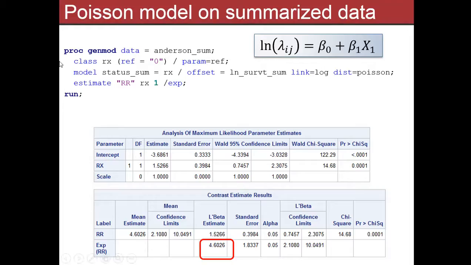What's cool here is, whereas logistic regression and survival analysis were both analyzing individual 0-1 experiences, Poisson regression is modeling the group experience, the sum of all the zeros and ones. So now we've modeled the sum of all those individual failures as a unit, as a row.